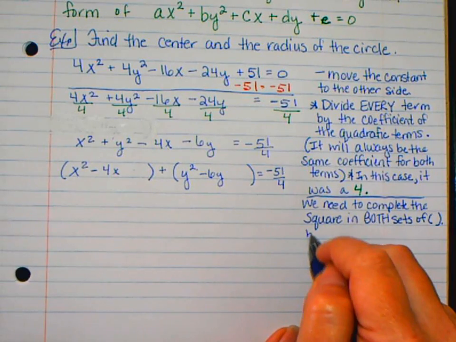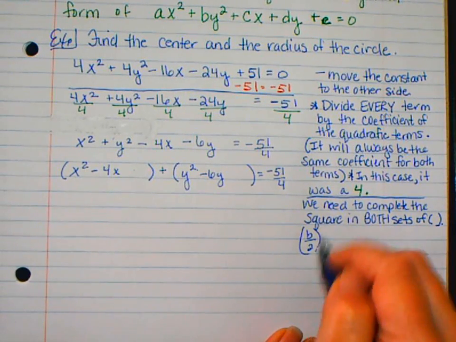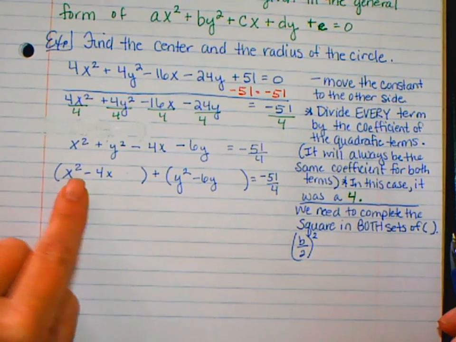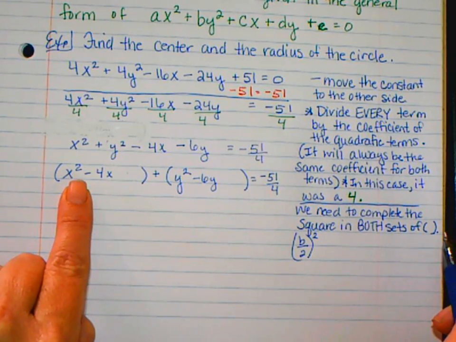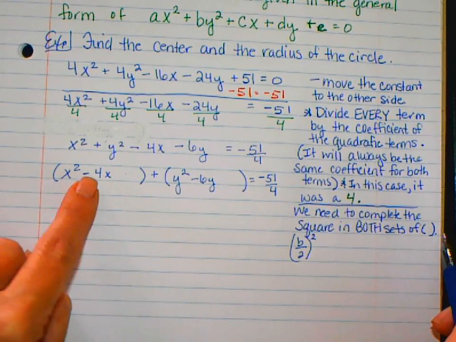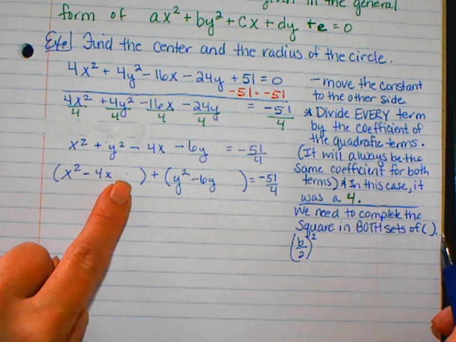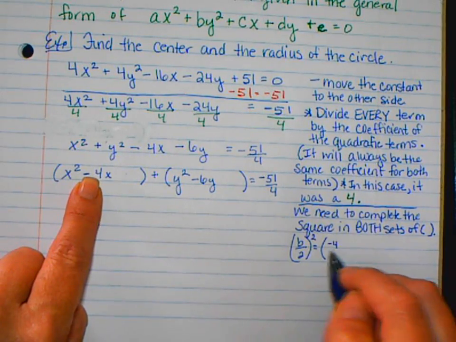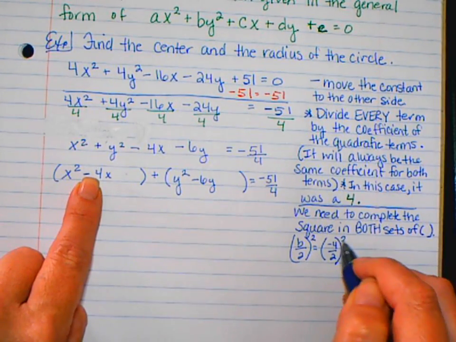So we do b divided by 2 quantity squared. So in my first set of parentheses, the x squared parentheses, a is 1, b is negative 4. We're trying to find c to make it a perfect square trinomial. So b is negative 4. So we do negative 4 divided by 2 quantity squared.